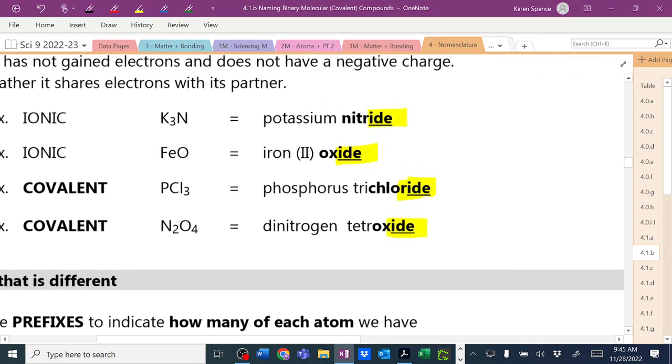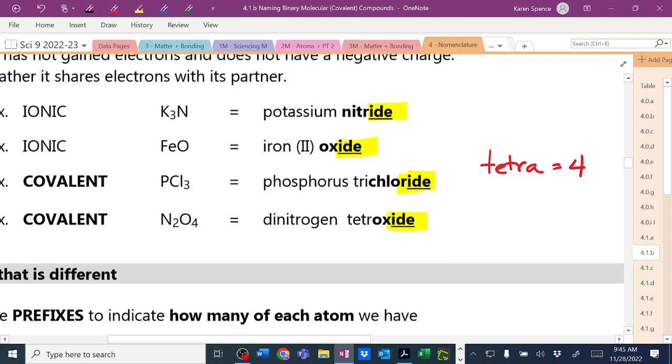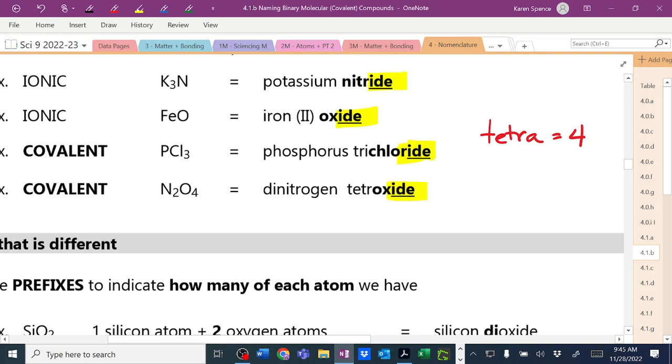Okay. And I'd like you to notice also here, what does tetra stand for? Tetra means 4. What happened to tetra when we put it in front of oxide? We got rid of the A because once again, tetraoxide starts to look and sound weird. Yes?